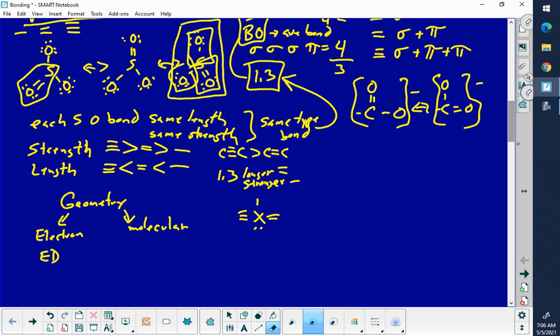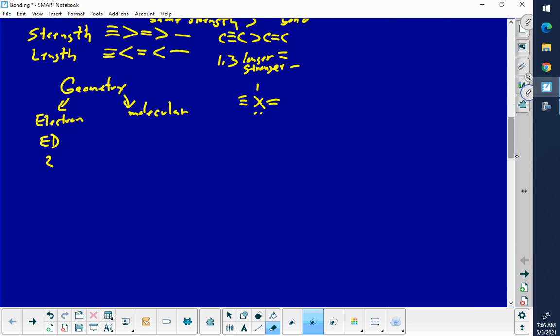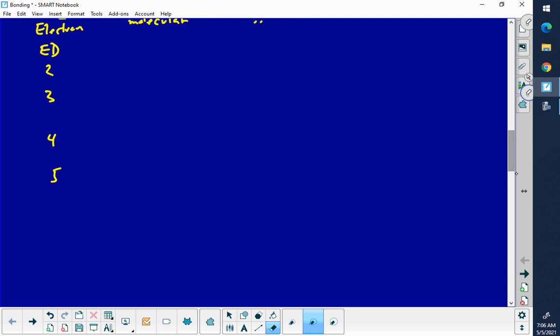So when we're looking at electron domains, I can have 2, 3, 4, 5, and 6.